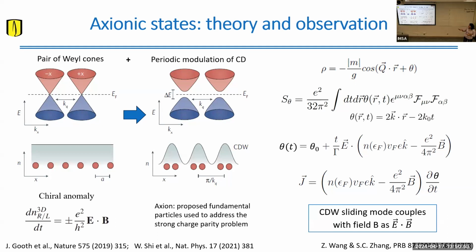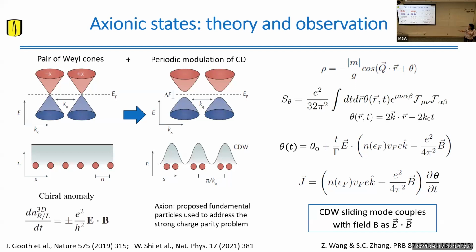So if you calculate the action of these guys, I don't follow all the details of this calculation, but you can actually arrive at a term in which the current that you have, if you put an electric field in this kind of system, will pick up a chiral anomaly. So if you put an electric field into this Weyl system, you will have this chiral anomaly, which will carry current with different chirality between the two different Weyl points.